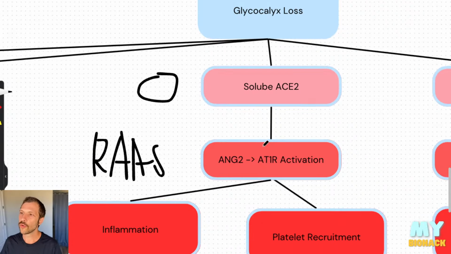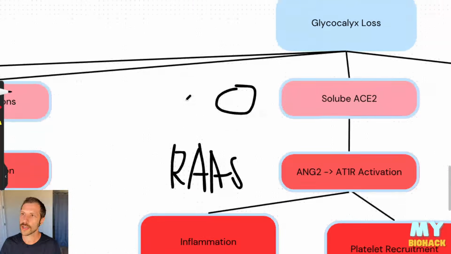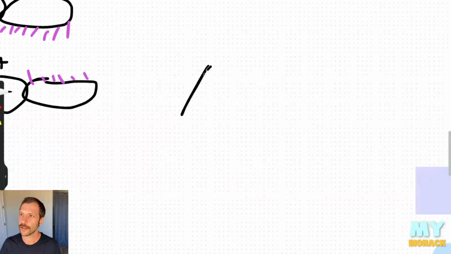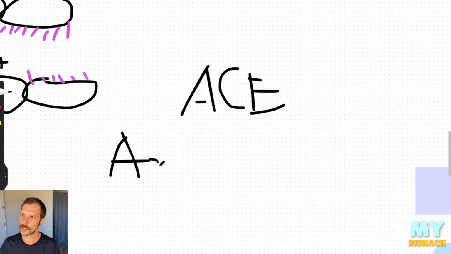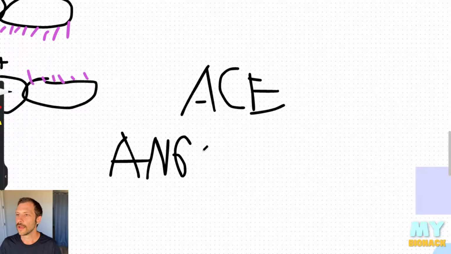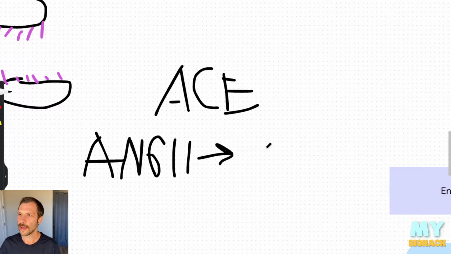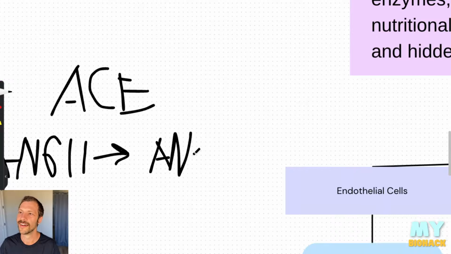And normally, when ACE2 is supposed to work, ACE2 is supposed to be able to convert angiotensin 2 into angiotensin 1-7. Oh my goodness, my dyslexia is acting up.